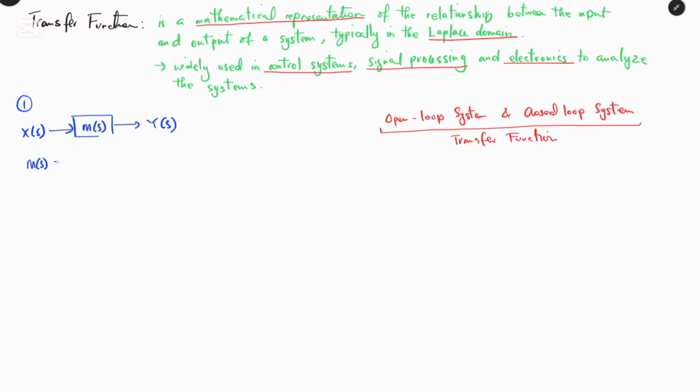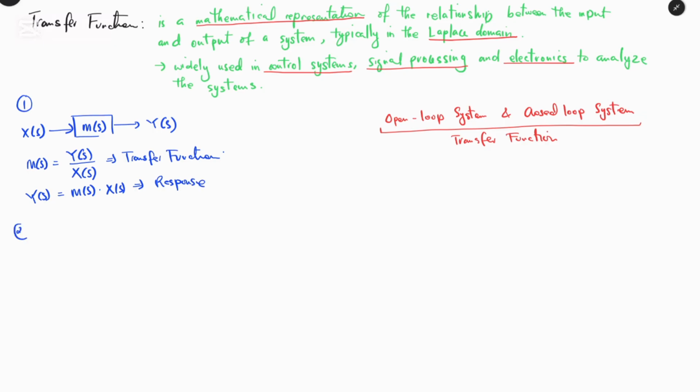So M(s) equals Y(s) over X(s), and this is the transfer function. And we can have Y(s) equals M(s) times X(s). Now what is this? This is our response of the system.